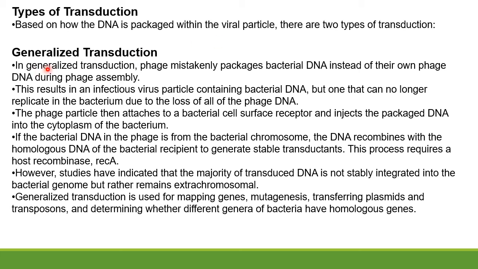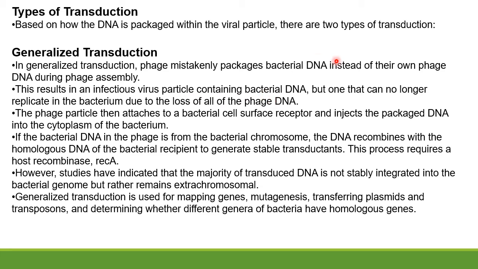Generalized transduction is the first one. So here what happens in generalized transduction, phage mistakenly packages DNA of bacteria instead of its own phage DNA during phage assembly. Now this results in an infectious virus particle containing bacterial DNA.